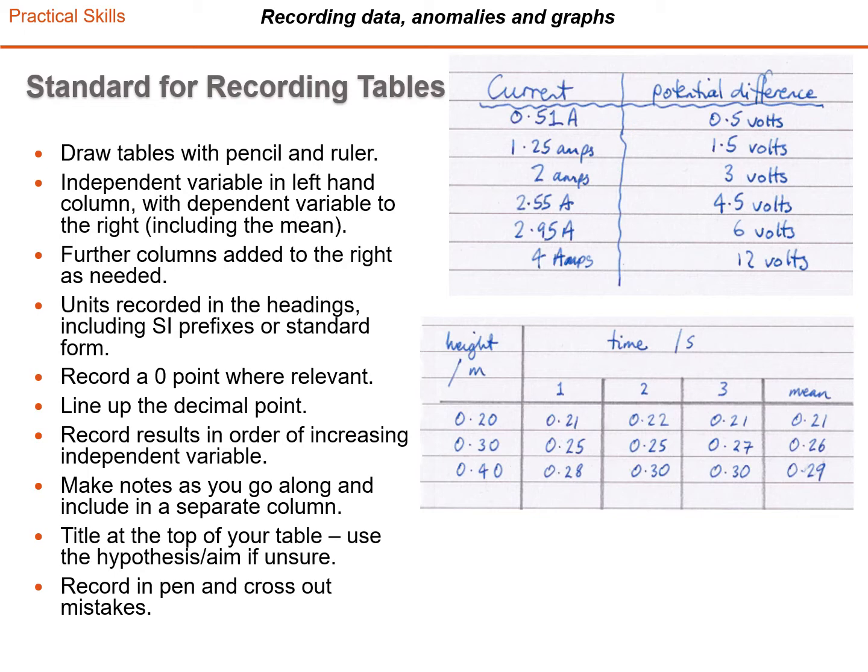At the top of the table, it's always worth stating what the hypothesis is, if that is perhaps not already stated clearly somewhere else. And lastly, it's really important to record results in pen and then cross out mistakes.